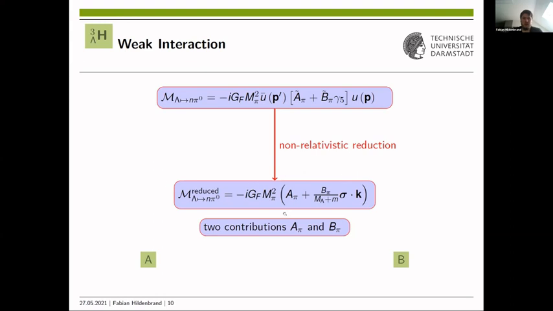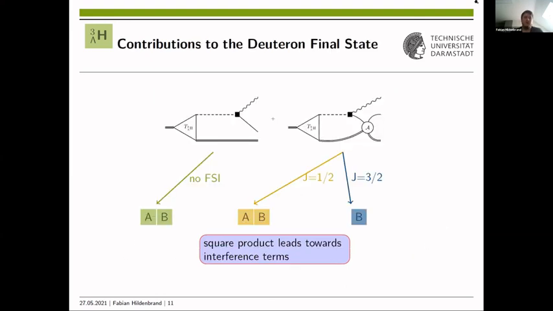What you then get is 2 contributions, A pi and B pi, that I just marked here in green, A and B. From the final state contributions, you get from the FSI diagram some contributions that come with A and some with B. From those final state interactions, you have one in the J equals 1/2 channel and one in the J equals 3/2 channel.